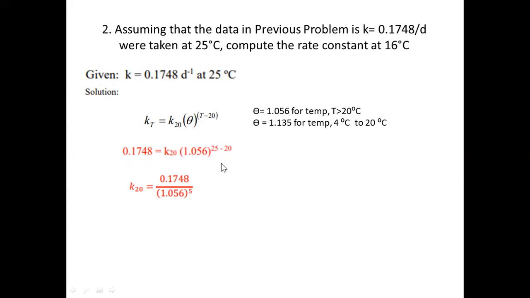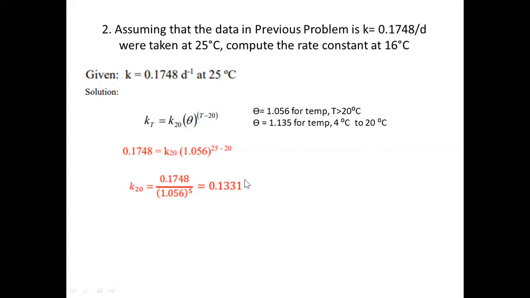If we divide both sides of the equation by 1.056 raised to 25 minus 20, this gives us K20 is equal to 0.1748 over 1.056 raised to 5. Further simplifying the values gives us 0.1331 per day for the K20.